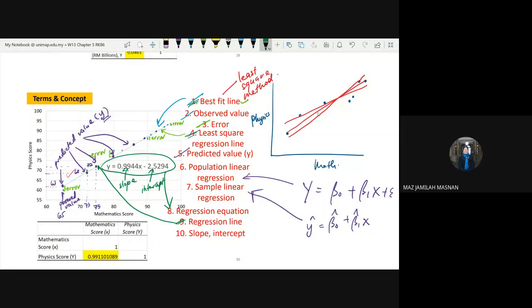At the moment, I want you to understand the whole concept and terms of simple linear regression. There are also some properties of the least square regression line, and properties of residual.